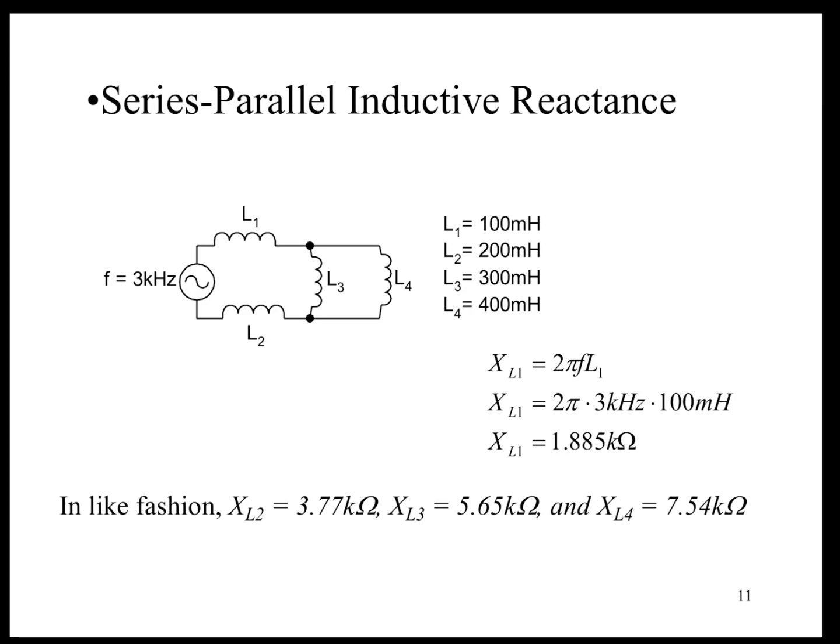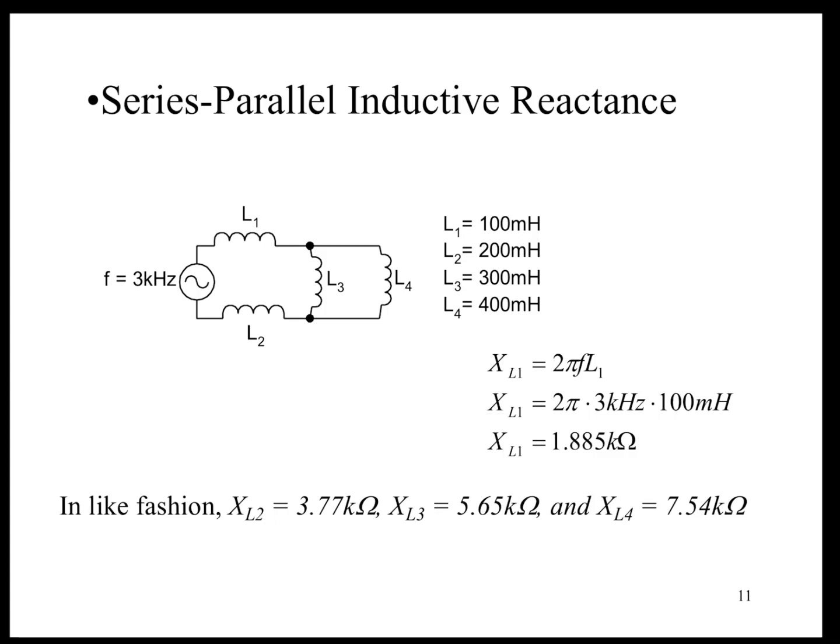Now, if we take a look at this example, realize that what we want to figure out is the total opposition of this arrangement. If we were looking at the total inductance value, our answer would be in henries, but here we're looking at a total value of opposition in ohms. There's a couple of different ways you could approach this.